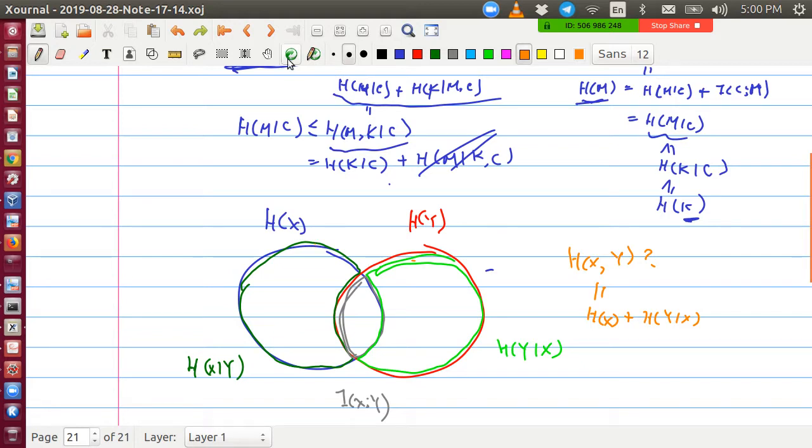Can we write something like this also: H(X) plus H(Y) minus I(X;Y)? Yes, you have that equation also. It's very easy to show.